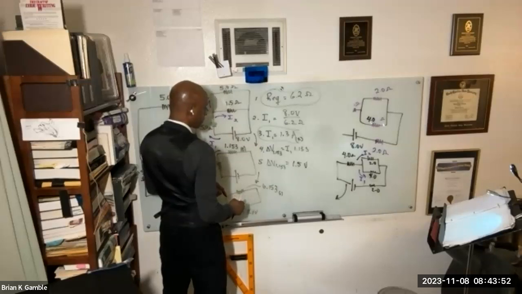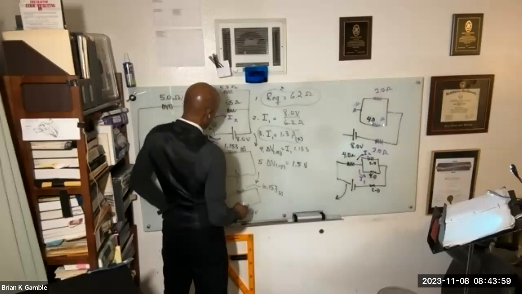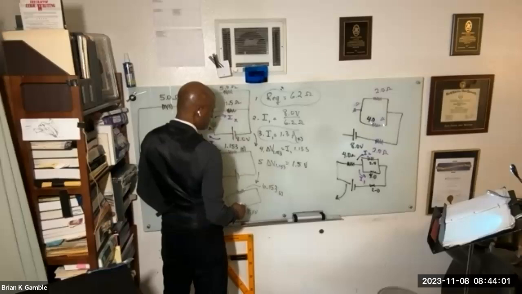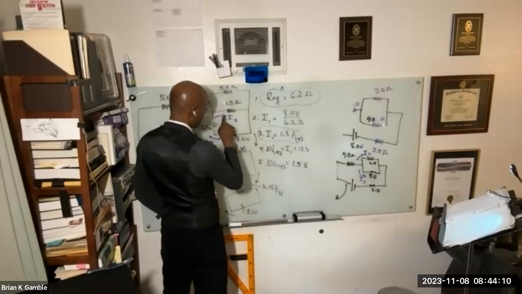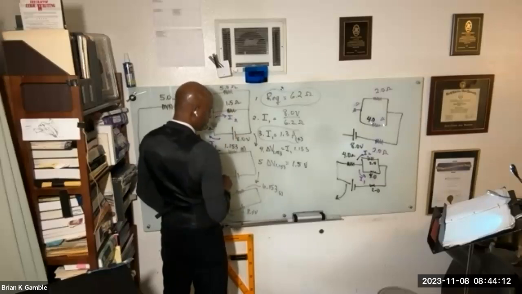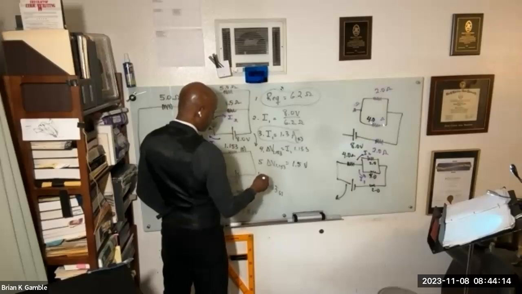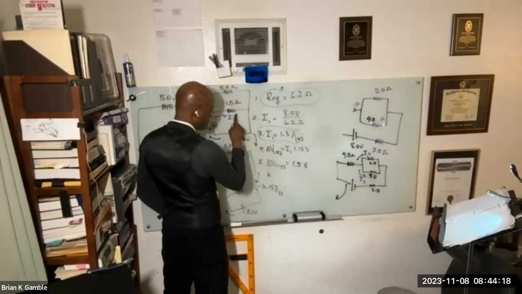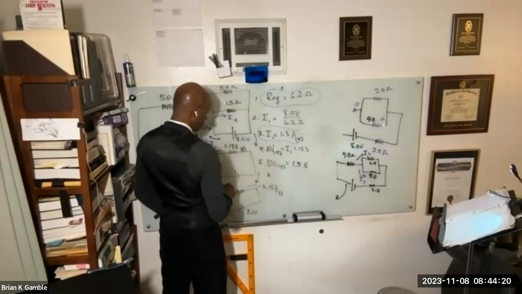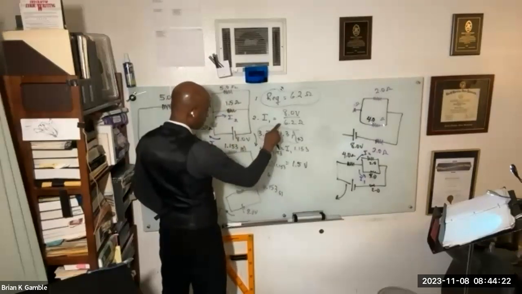Okay. Which means that if that's the case, then the current that's drawn down there is just 1 amp, because the current on this is going to be voltage divided by resistance, right?